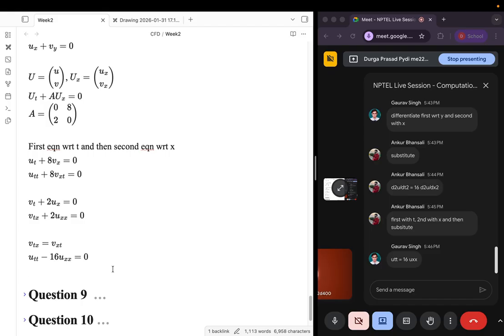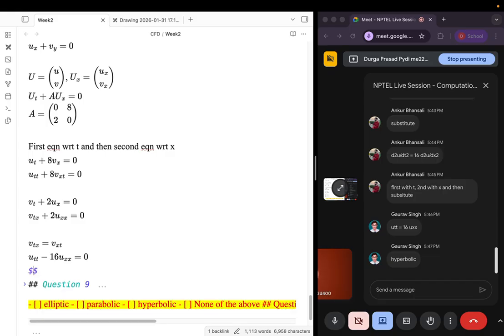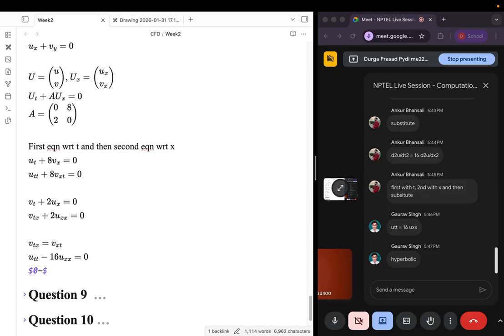And for this second order equation, you can use the discriminant analysis and find out which type of equation it is. If you do the discriminant analysis here, you will get B squared, 0 minus 4 times 1 times minus 16, which is greater than 0. So this is hyperbolic.